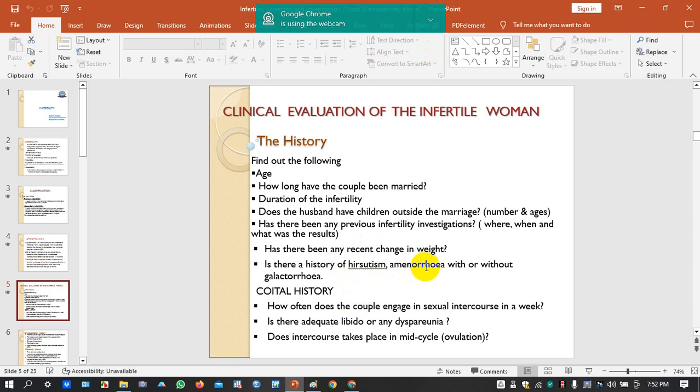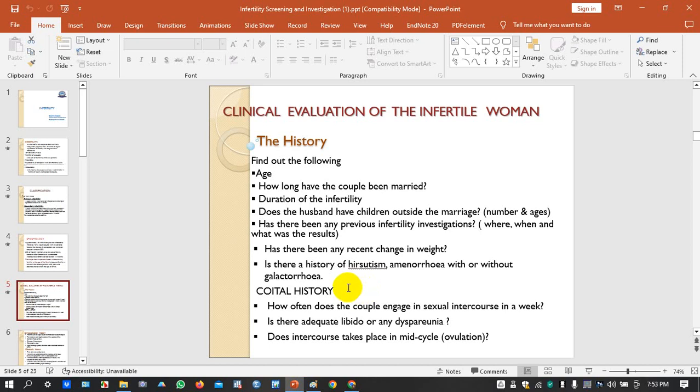So you also have to look at whether she is menstruating.